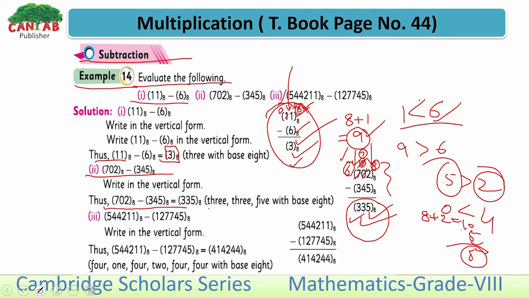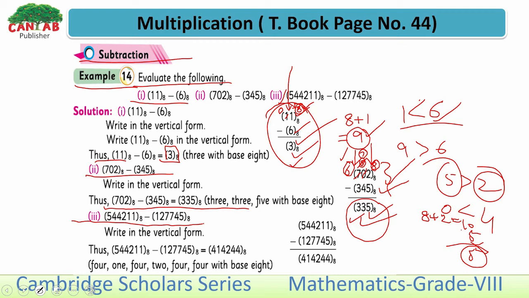Students, remember one thing. Always perform subtraction in the same column, like in part 2 which we have done. Similarly, complete the part 3 and perform subtraction like the same procedure which we have done in part 1 and 2.